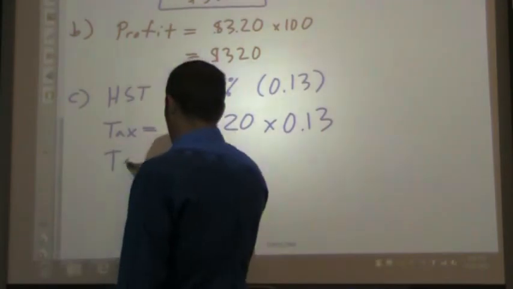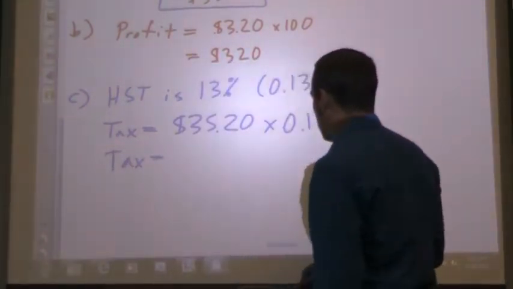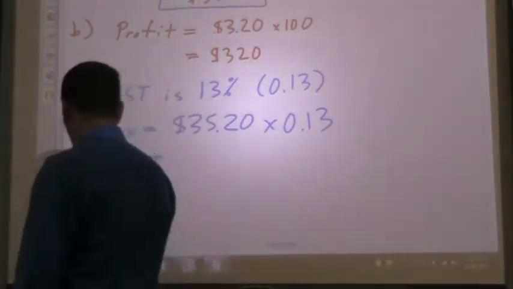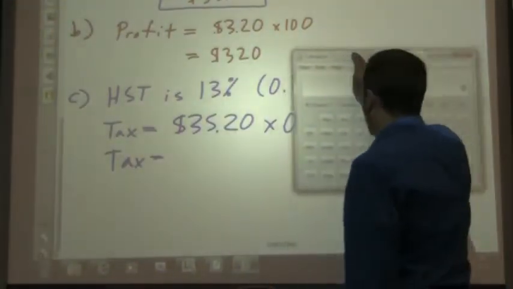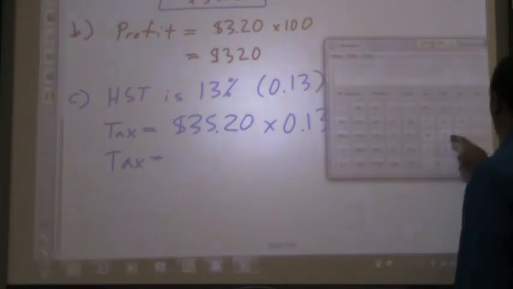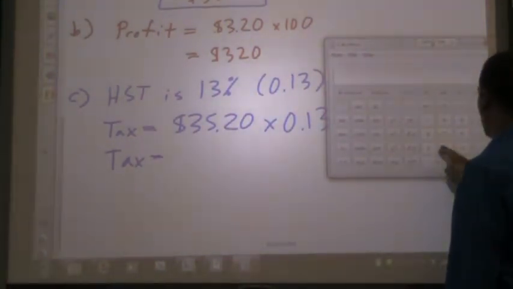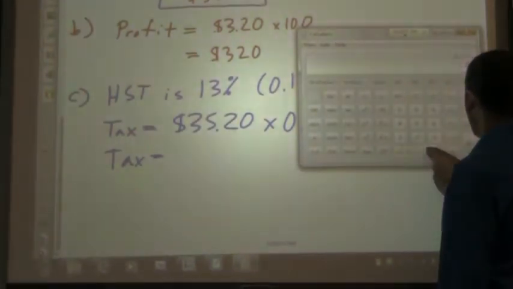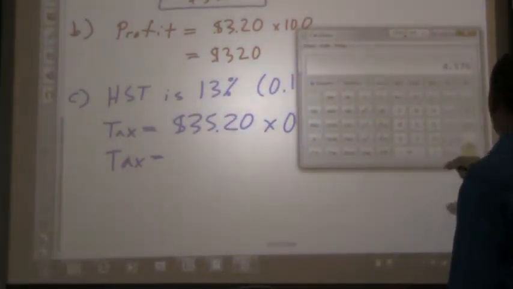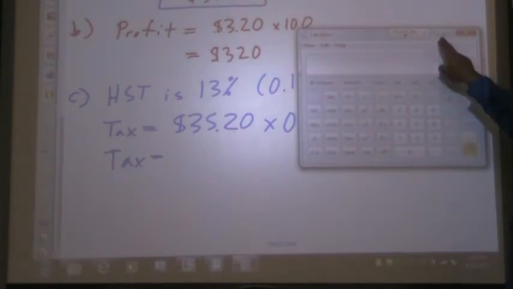And you'll come out that your tax is going to be, go to our calculator here, we'll say 35.20 multiplied by 0.13, and you get $4.58.